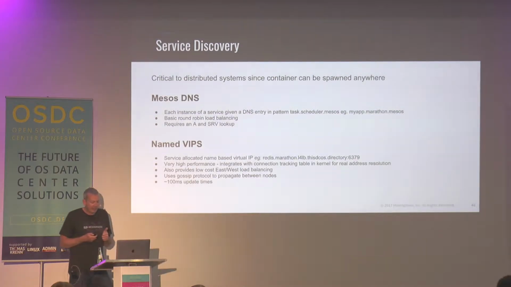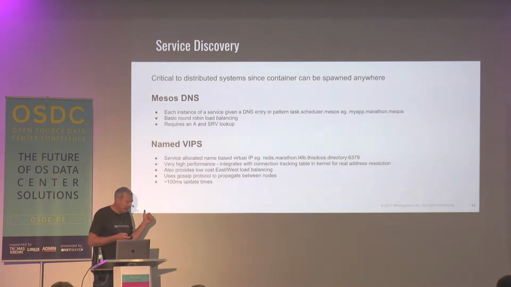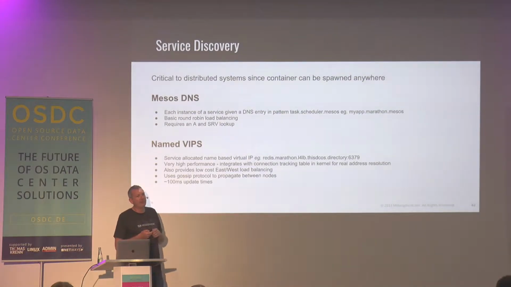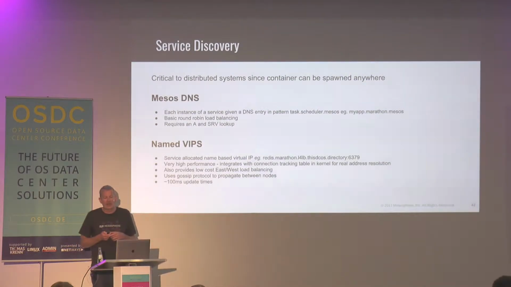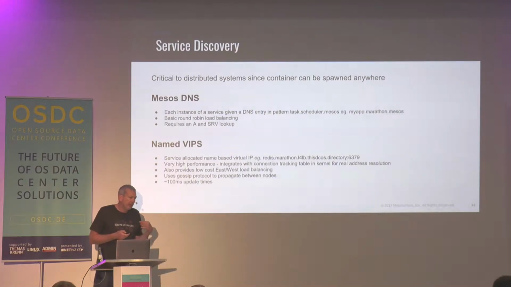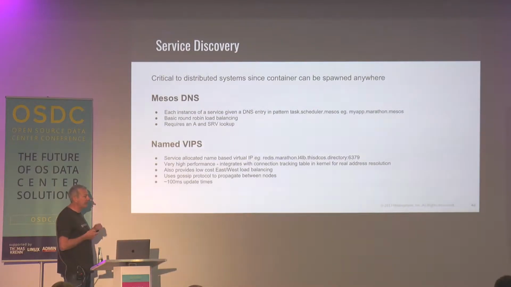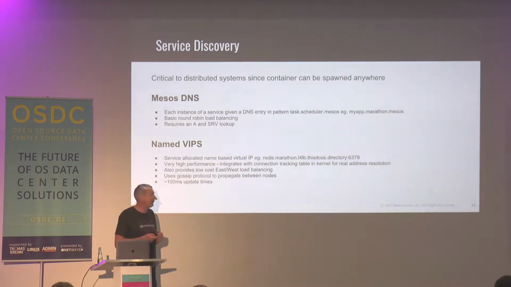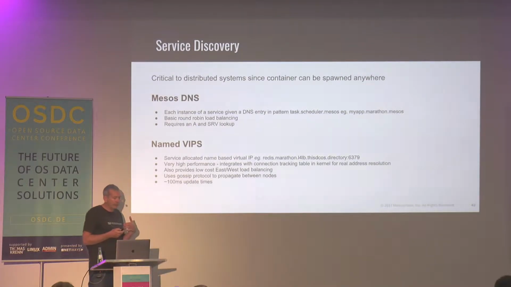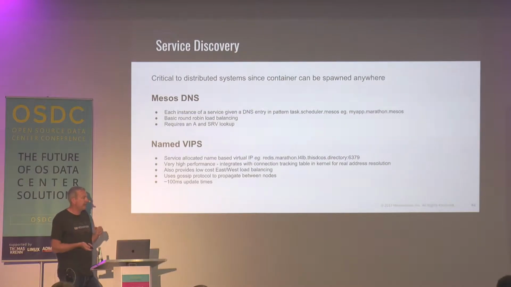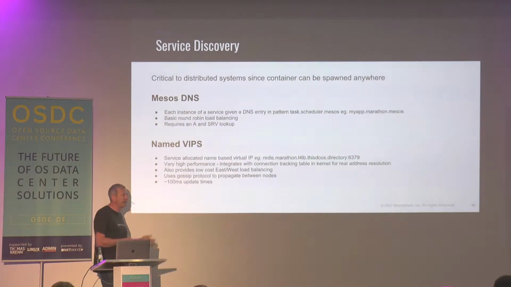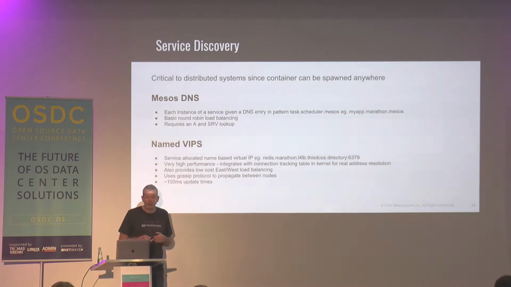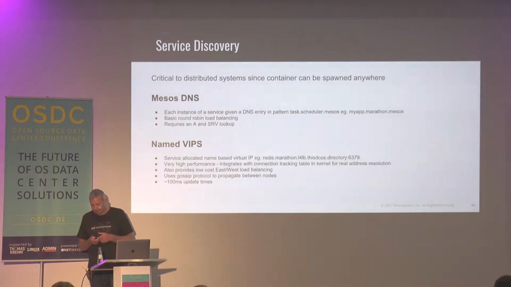But the complexity here is that we need to know the port that particular task or container may be running on. And so any application that wants to use Mesos DNS to resolve things needs to know not only how to look up an A record, which pretty much everything does, but how to look up an SRV record to get that port. Depending on your DNS configuration, DNS can also be slow to update. So if we've got very dynamic environments, that might be somewhat of a downside.